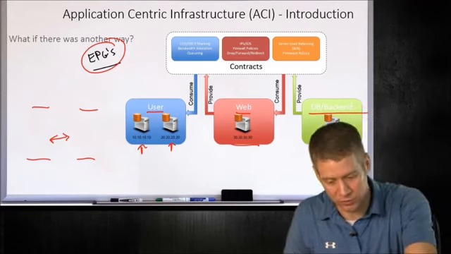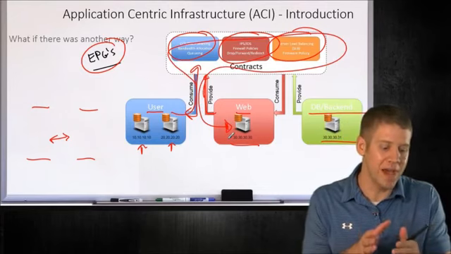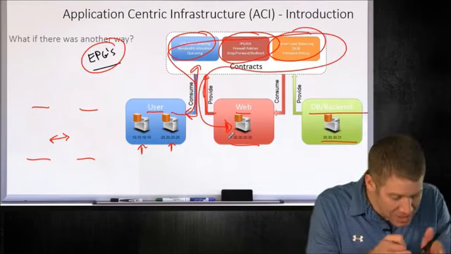Okay, so if a user wants to go to that web server, as they come in through this contract, if we have specific QoS, filtering policies, or even application optimization stuff like server load balancing, we have to flow through these policies before we get to go to that web server. Okay, so no longer does it matter the IP address that we're coming from or going to. Based on the endpoint group that we're in, that specific policy is going to be applied.